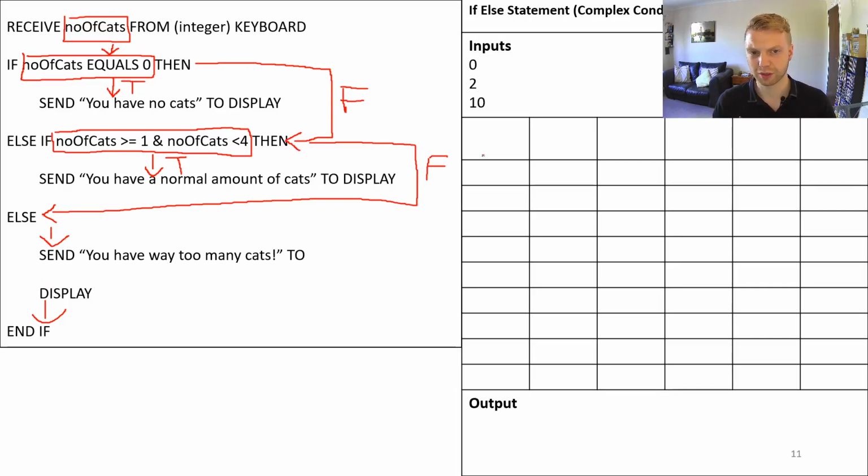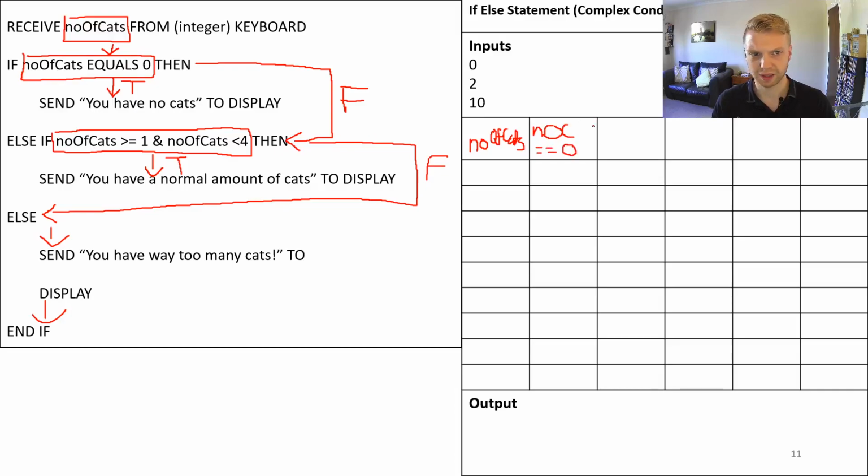So we'll put our columns in. So our columns are going to be number of cats. Oh, that looks horrendous. I'm just going to write, I'm going to put this short, we'll say number of cats equals 0. That is for this bit here.